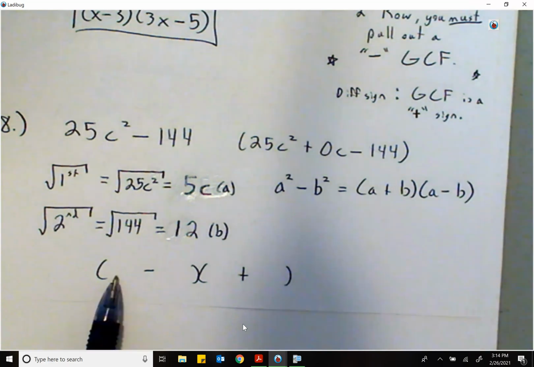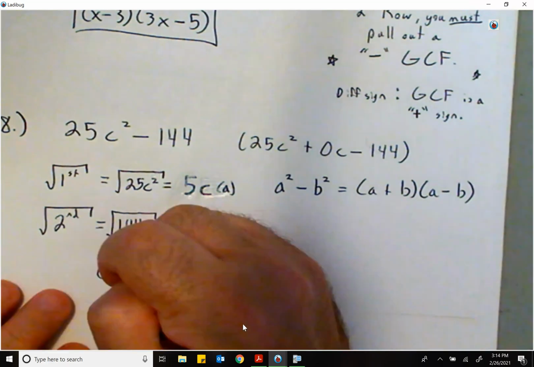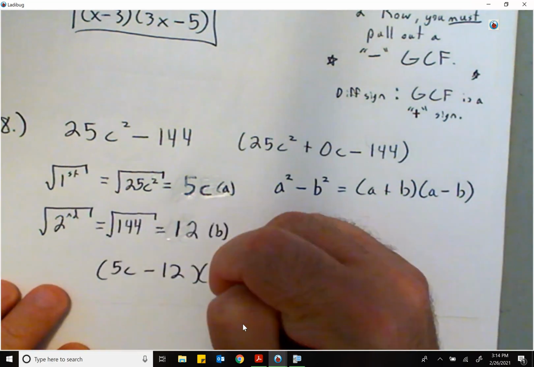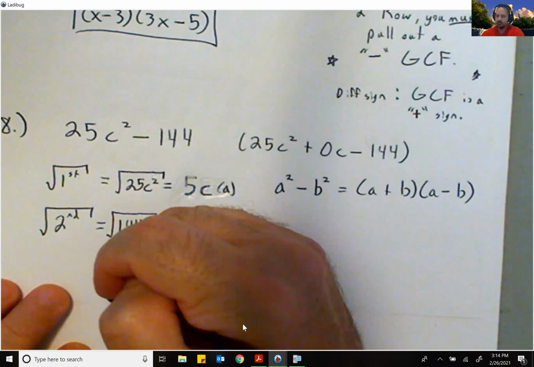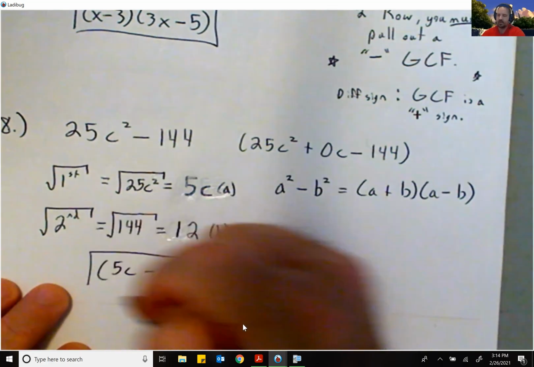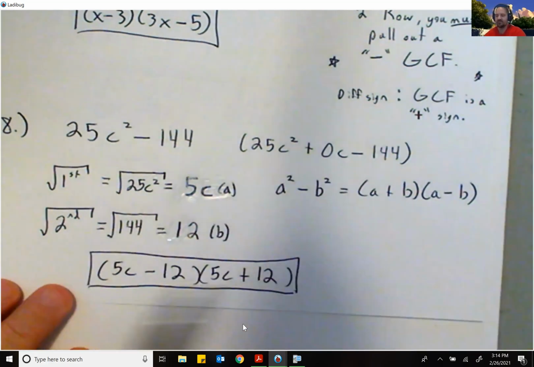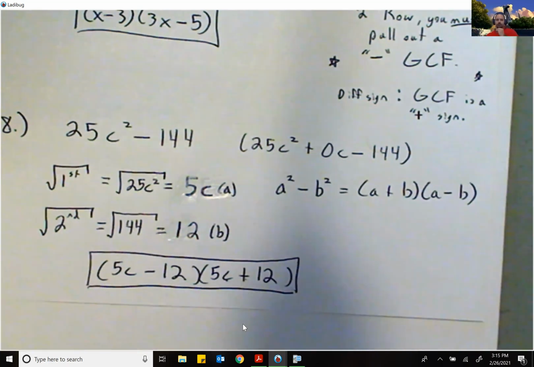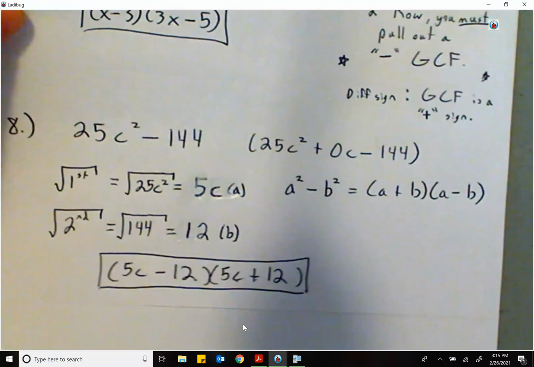What? 5c minus 12 and 5c plus 12. So good. I love it. There you go. And now it's factored. And again, it doesn't matter the order. I could have 5c plus 12, 5c minus 12. Same thing. There's number 18.